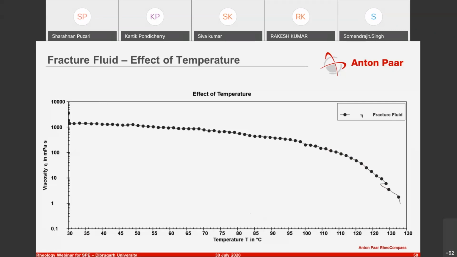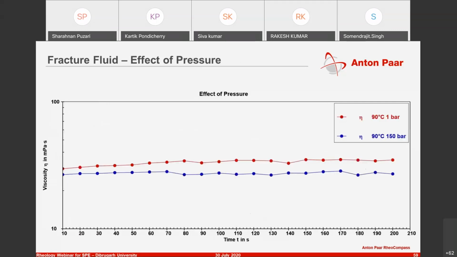And everything signifies that temperature has a very huge effect on the behavior of materials, and pressure does have an effect, but not anywhere close to that of temperature. And here you can see at 90 degrees, the difference between 1 bar and 150 bar.